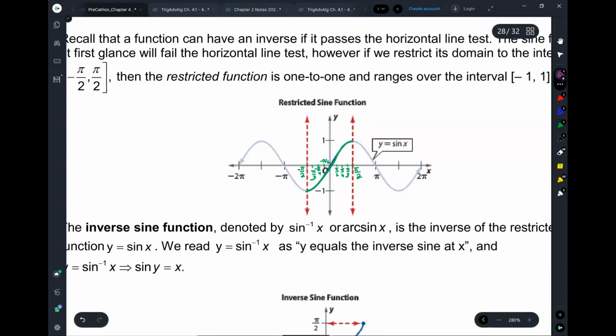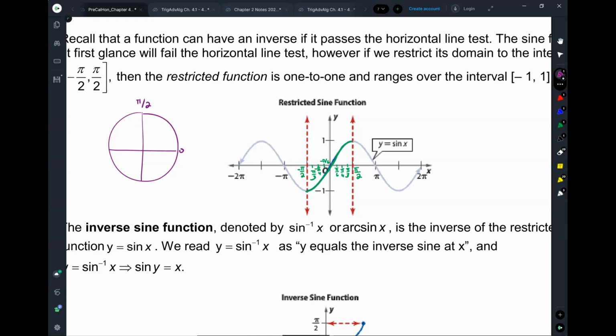Let's think about it a different way. Suppose I was on the unit circle. This is 0. This is pi over 2. And now if I take the stuff from the y-axis over to the right, I have that region from 0 to pi over 2. So that's that quadrant, right? And I've got pi over 3, pi over 4, pi over 6, correct? And then what other region do I have? This region. Where does that correspond to on the unit circle?